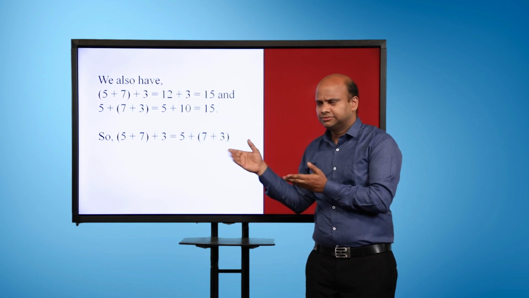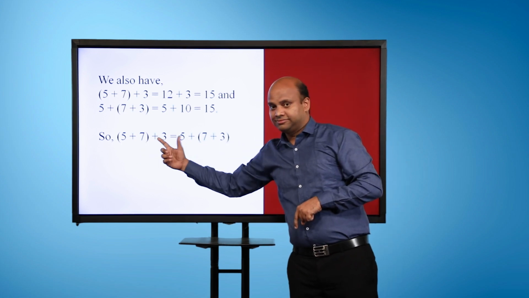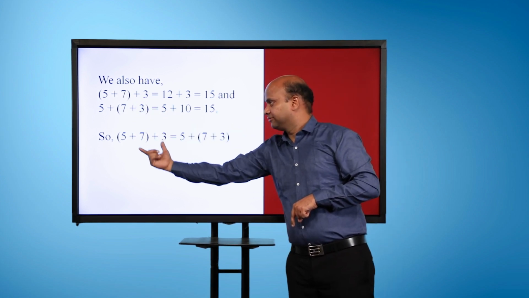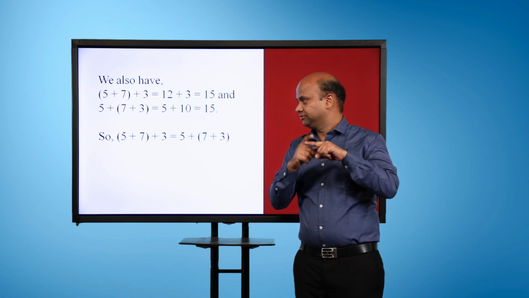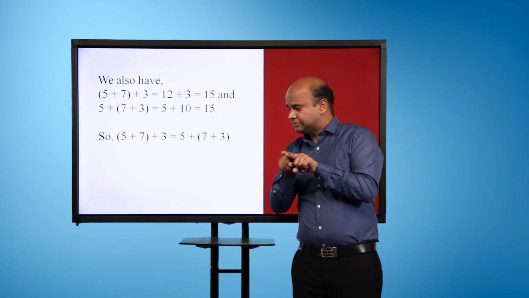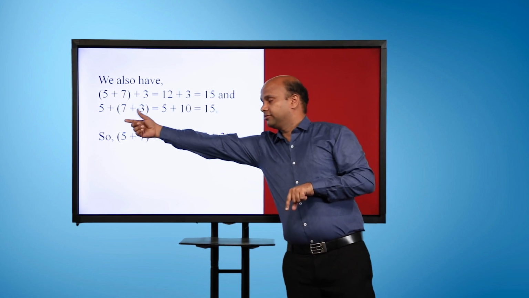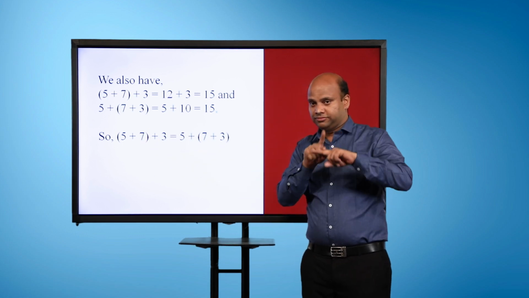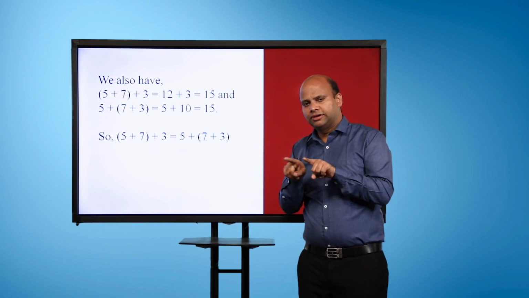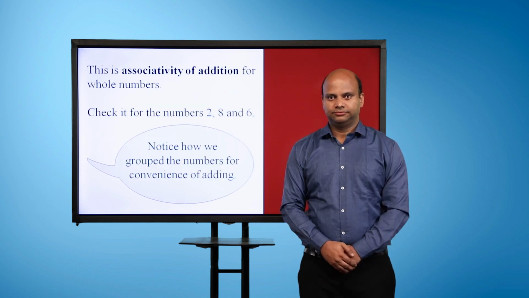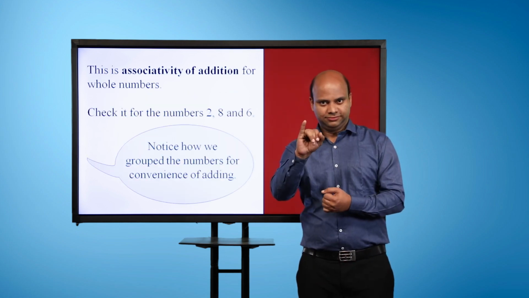So, in brackets, 5 plus 7, plus 3 is equal to 5 plus, in brackets, 7 plus 3. Page 36.